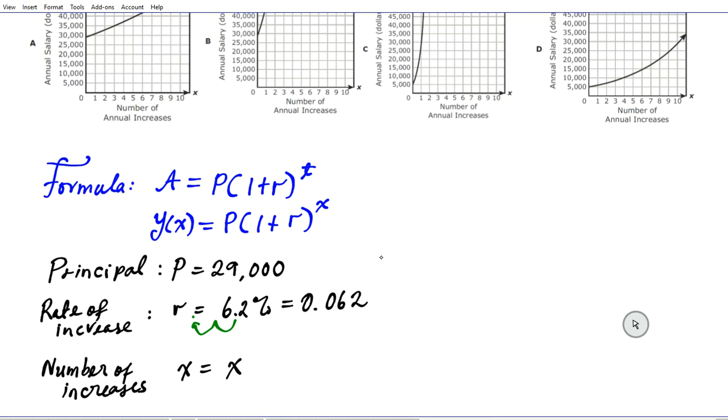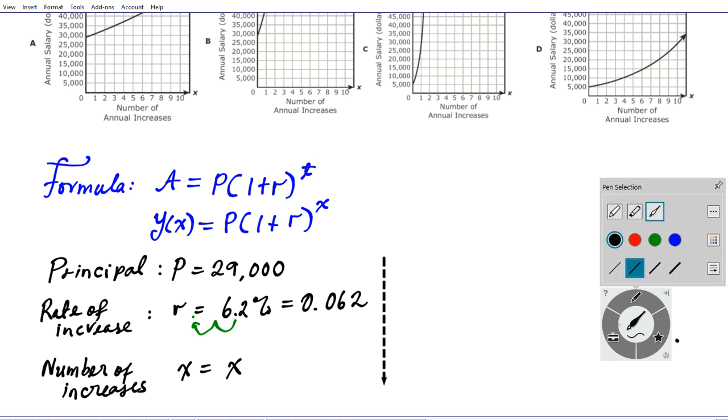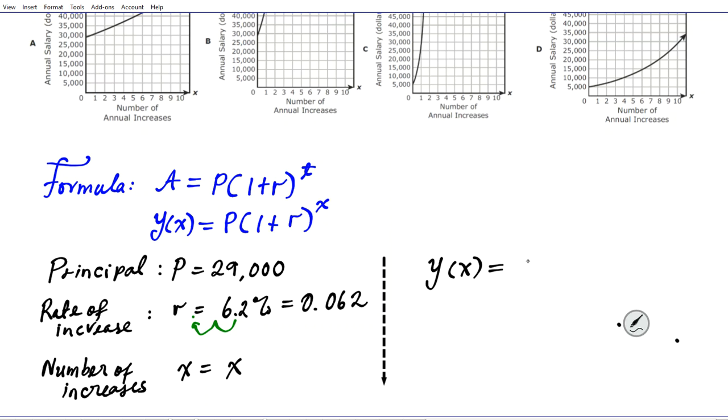So we have all the information we need to generate our exponential growth function for this scenario. Let's do the substitution: y of x equals the starting amount, 29,000, times 1 plus the rate, 0.062, raised to the x power.